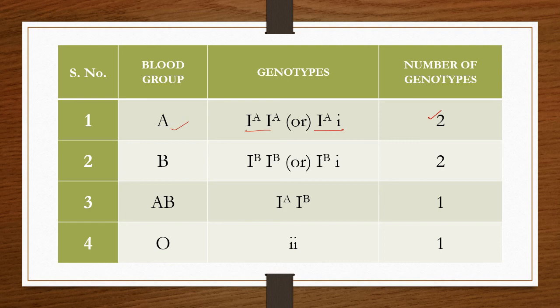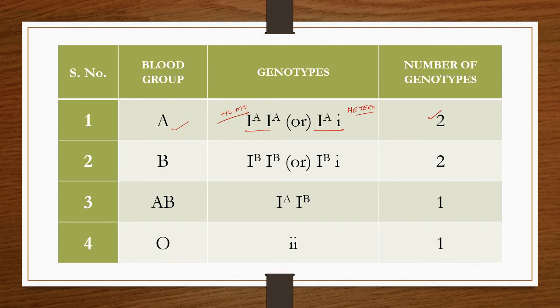One is the homozygous condition, IA IA, and the other, IA small i, is the heterozygous condition. So two different forms, but they control the same character, that is blood group A. Such genes are called multiple alleles.